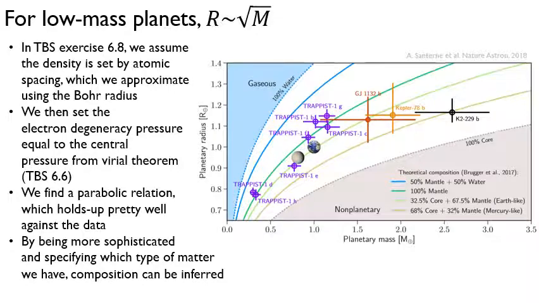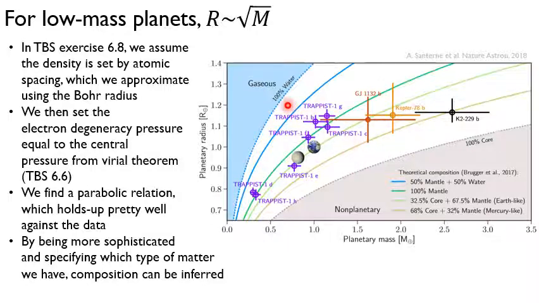Now what you can also see from this plot is that if you do a more sophisticated job of asking what kind of matter we have and what its atomic spacing would be, then you get different curves. For instance, if you had pure core, no liquid-like material at all, then you have this more compact mass-radius relation. And if instead you introduce more liquid layers like a mantle, you get a less compact object.